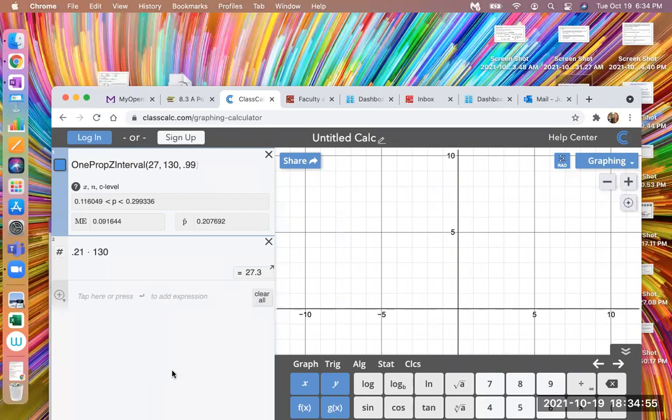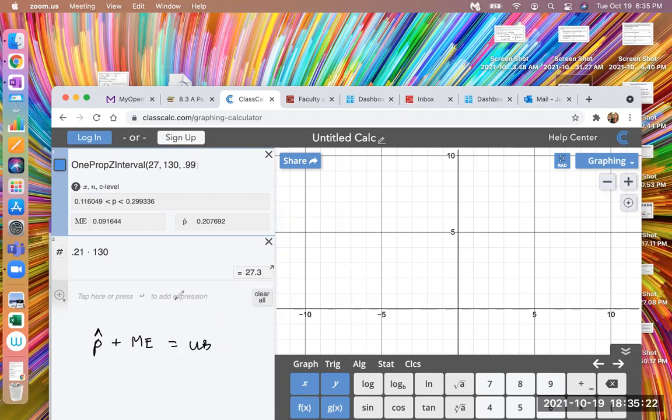So what you need to understand is that when they are calculating a confidence interval around a population proportion, they take the sample proportion, the p hat, and they add the margin of error to that. And that's how they get the upper bound.